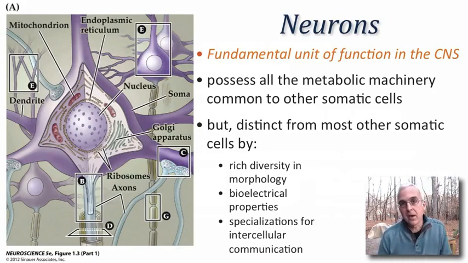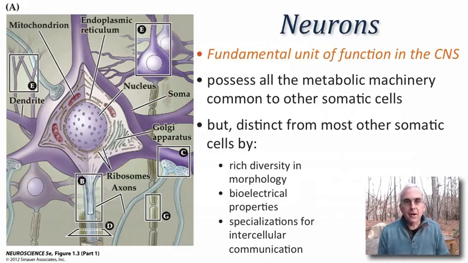For example, the machinery that's necessary to generate electrical signals in muscle cells is quite similar to what we see in most nerve cells. And finally, there are specializations for intercellular communication that are pretty unique to the nervous system. For many neurons, most neurons in the mature central nervous system, this involves the secretion of special chemical molecules called neurotransmitters.